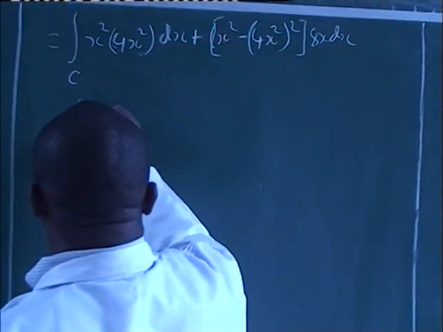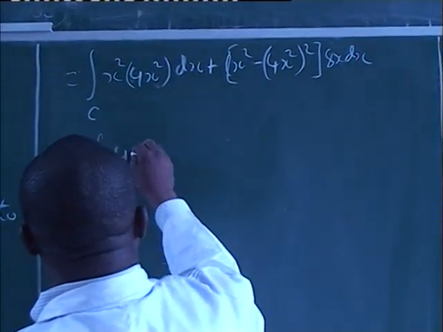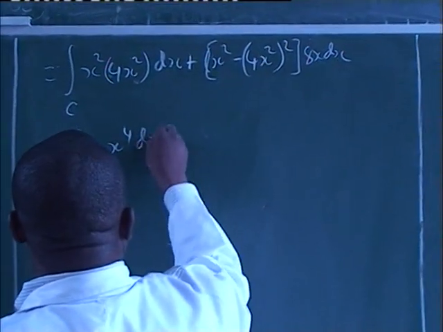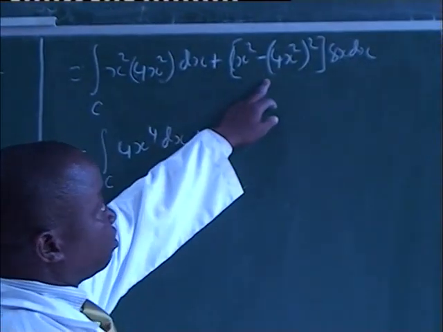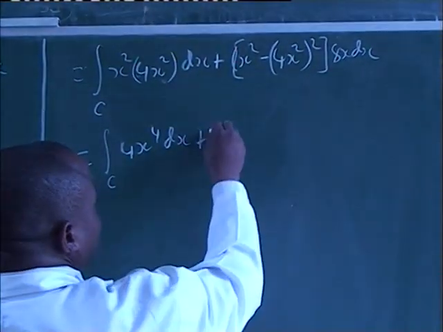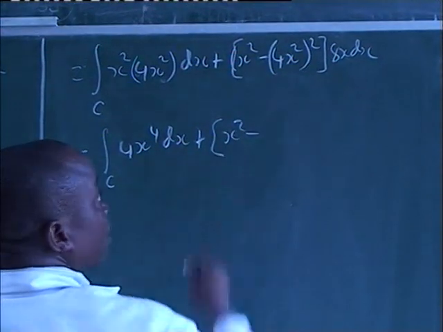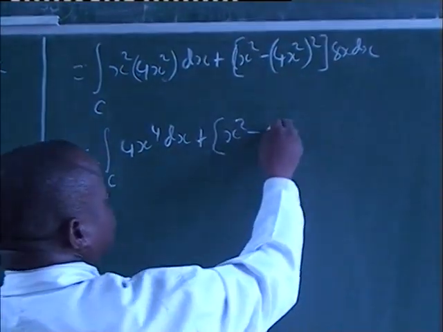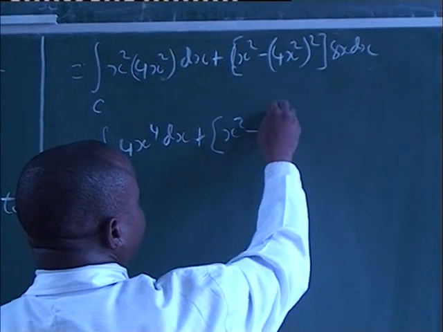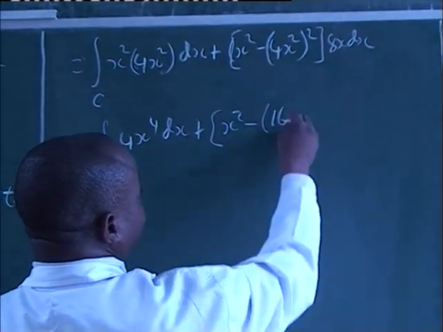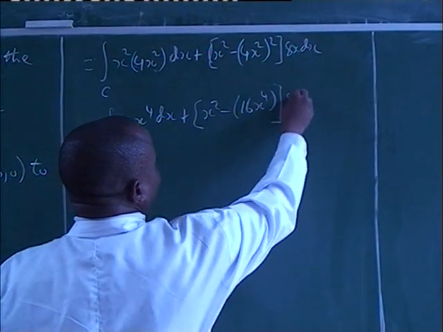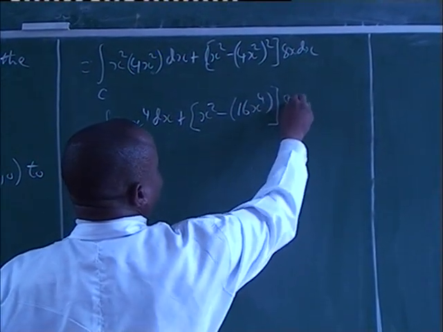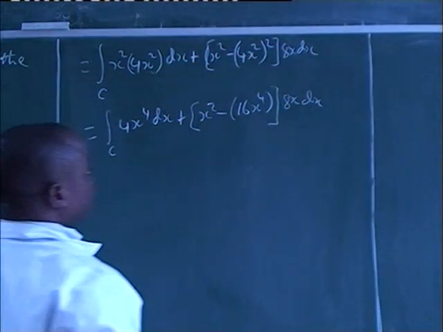Now this one will be the integral over C of 4x to the power 4 dx plus, you see this place needs attention, because this is the same as x squared minus 16x to the power 4, then we have 8x dx.